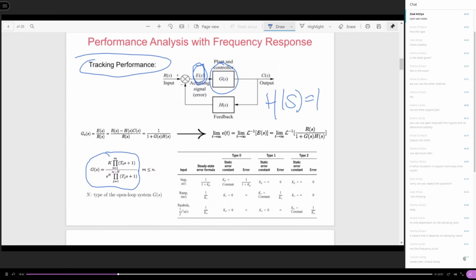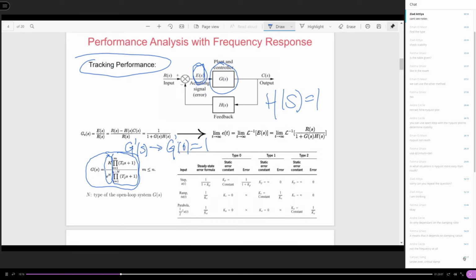I don't care about this part, so let me call it G prime of S, and we know it must satisfy the condition G prime of 0 equals 1. What we are concerned about in terms of tracking performance is exactly this K over S to the power of N.